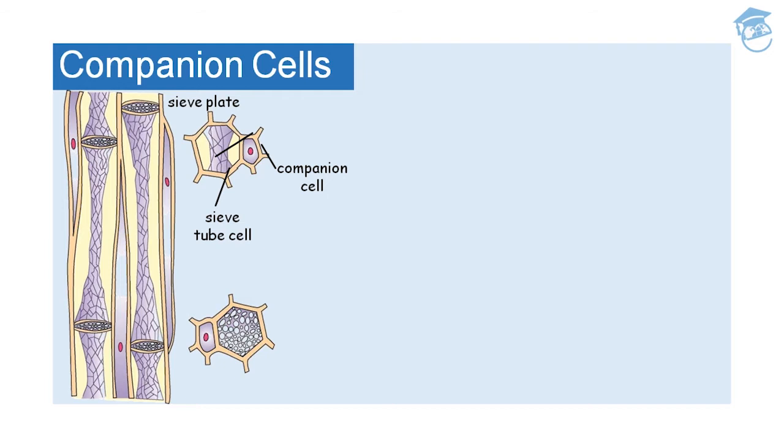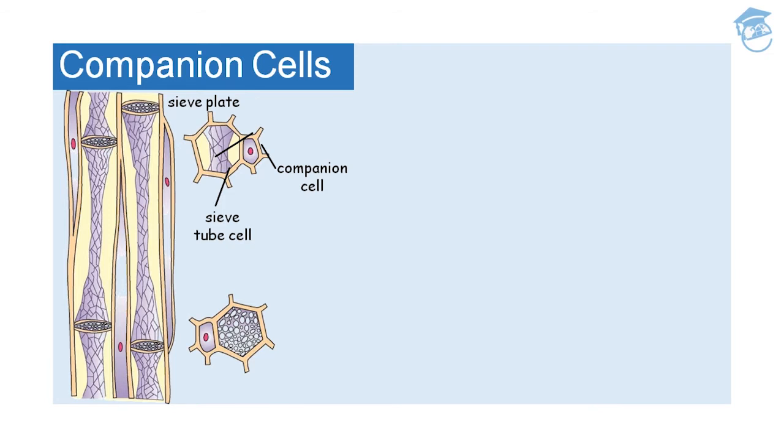So due to the lack of certain organelles, the cell needs to rely on organelles from the companion cell, which has many organelles present, unlike the sieve tube member. Without the companion cell, students, the sieve tube member would die, and thus it ceases phloem function, thereby killing the entire plant body.